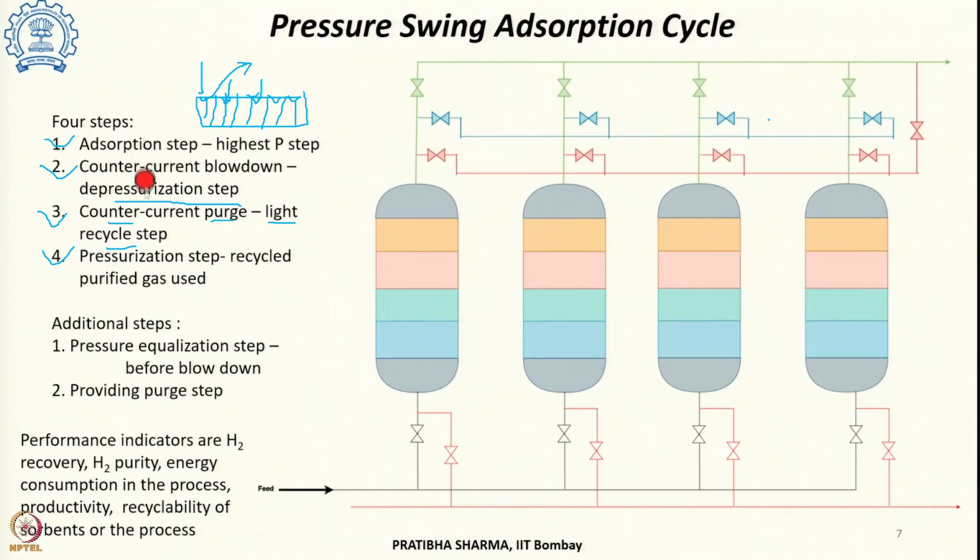Next is the pressurization step, where recycled, purified gas is used. Up to these processes, 2 and 3, the pressure was reduced to a lower pressure. But for generating higher pressure, you have to push fresh hydrogen at a higher pressure, such that this column gets ready for the first step, meaning it will be again at higher pressure conditions.